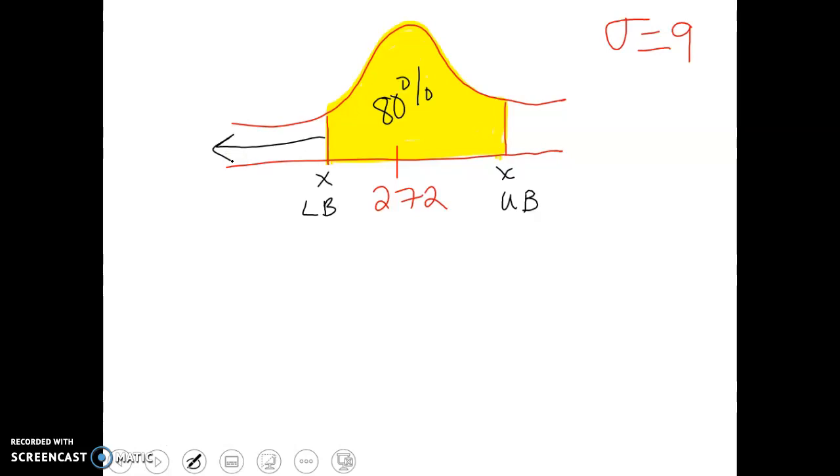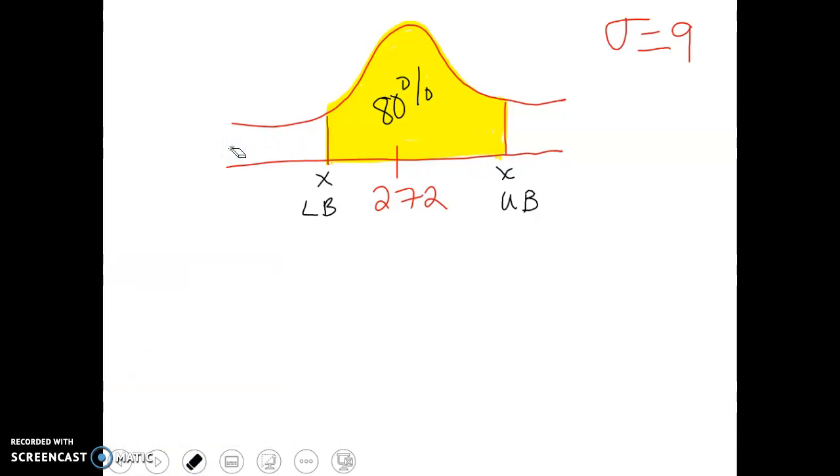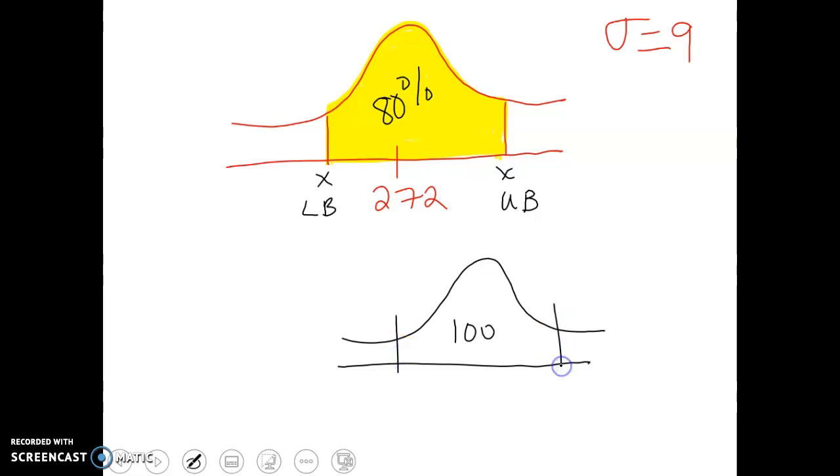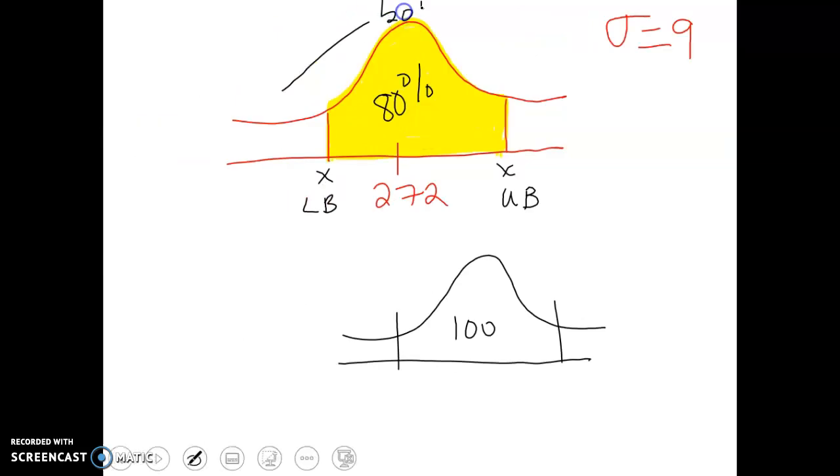Okay, so let's see if we can fill in the rest of this curve with the correct percentages. If I know the whole thing is 100%, and 80 is in the center, what's left? Well, these two sides here and here have to make up 20% of the data, because 80 plus 20% is 100%.